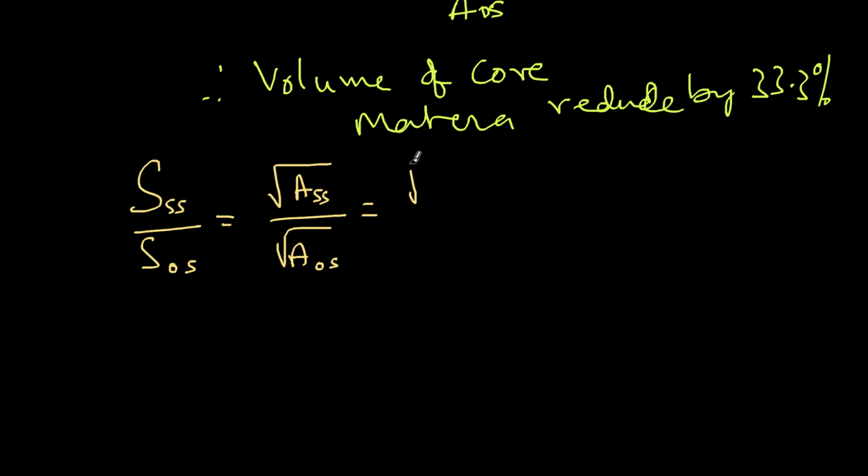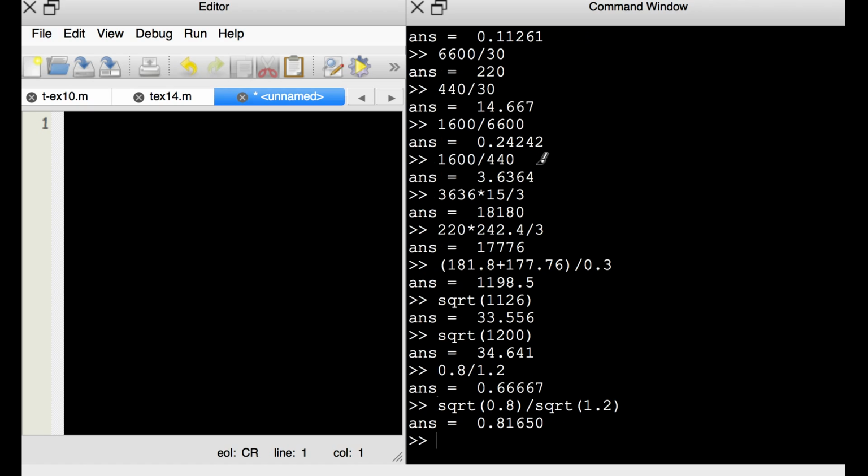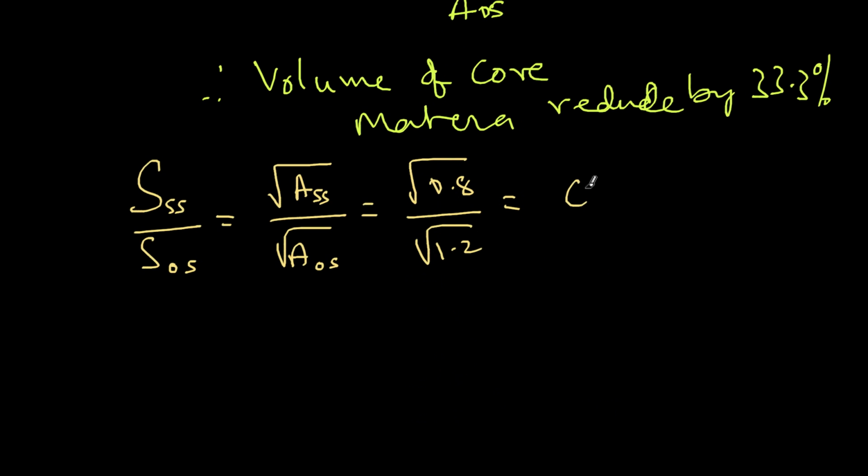So this will be reverse: square root of 0.8 divided by square root of 1.2, that is equal to 0.8165. So this is the side.